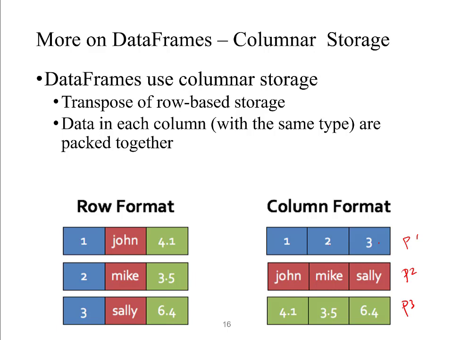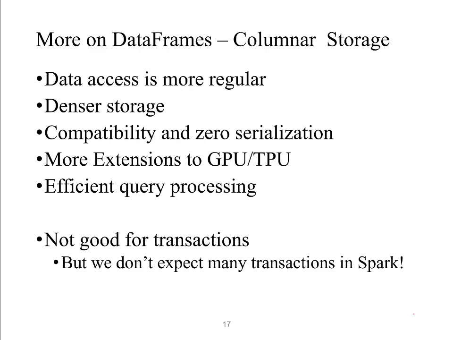And you may have noticed that in this way, the data in each column would be the same type. For example, they are all integers here, strings here, and floats here. This columnar storage has a couple of advantages, especially for distributed data storage, for distributed systems, and for Spark SQL that we're going to discuss.